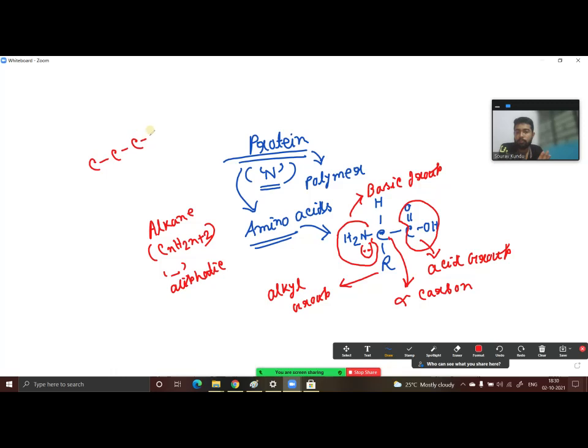Aliphatic means open chain, not closed. Suppose we are forming this carbon chain which has bonds with hydrogen like this.